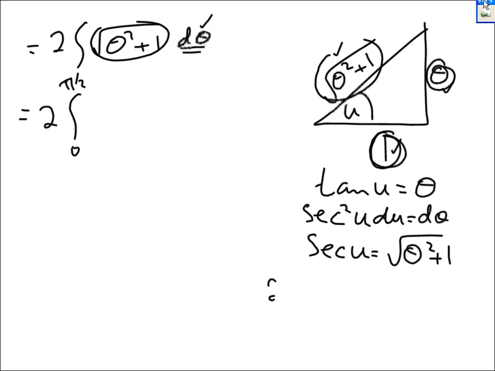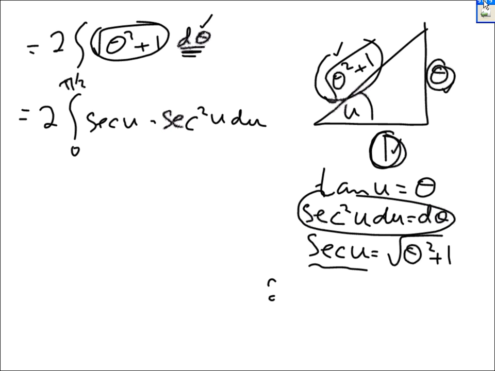This piece is secant of u, times this piece, secant squared u du. So this gives me 2 times the integral of secant cubed u du.